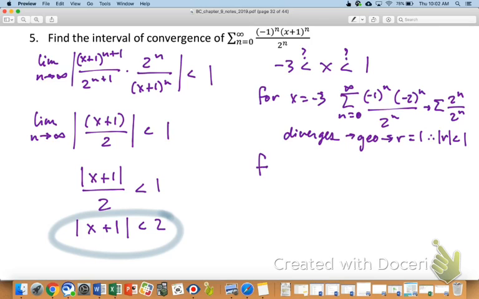And did you guys get a similar looking thing for the other endpoint? Should be. So this one, these just cancel out.